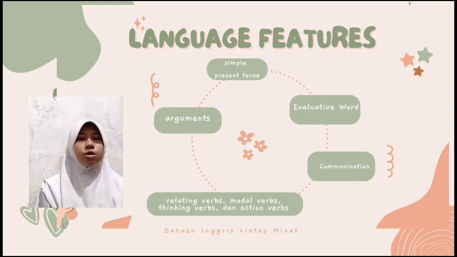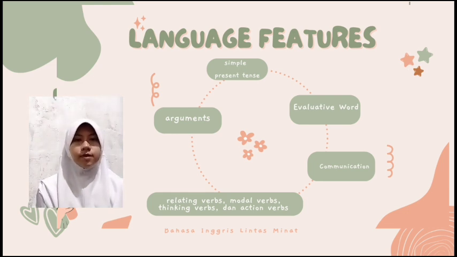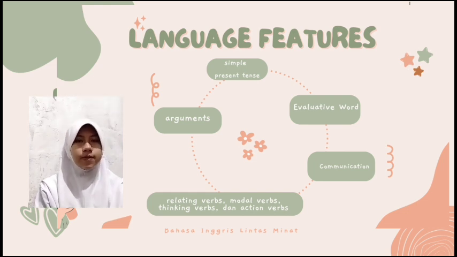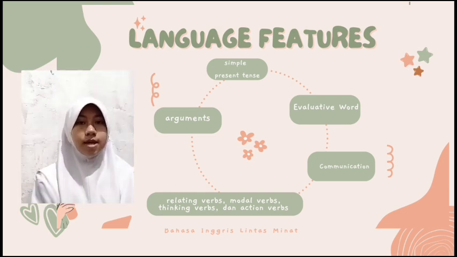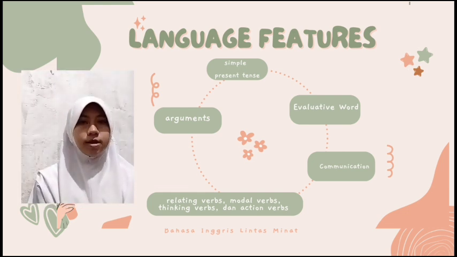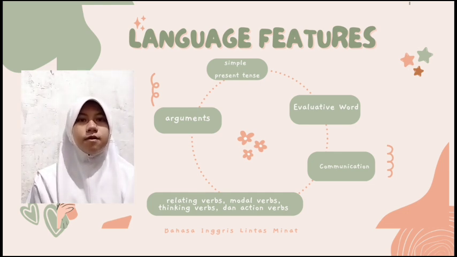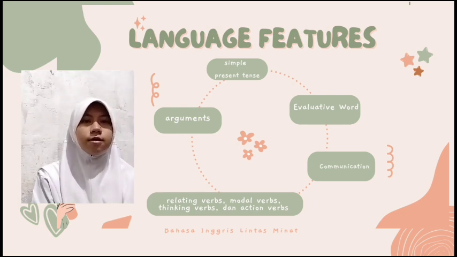Then the one that shows time, for example, second, then, and next. The fourth shows cause and effect, for example, as a result, and so on. Then using evaluative words such as important, valuable, and others. And using passive voice.